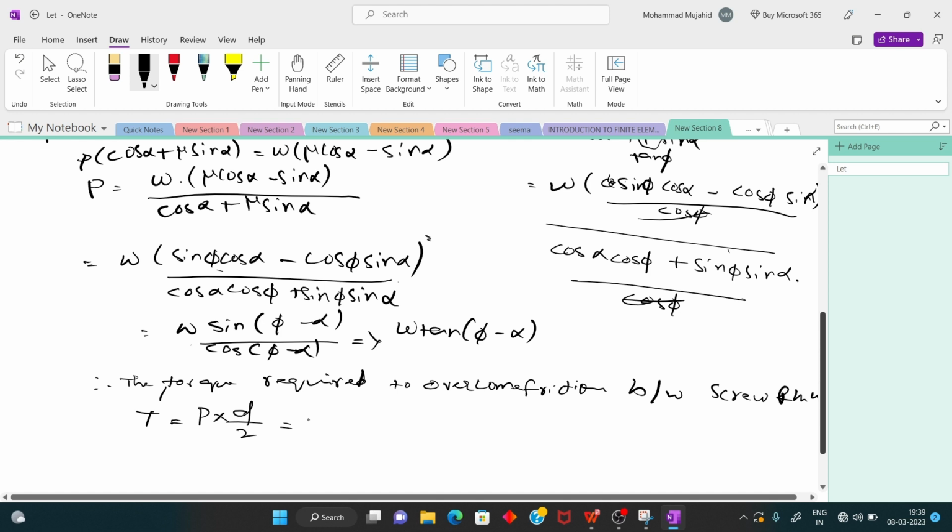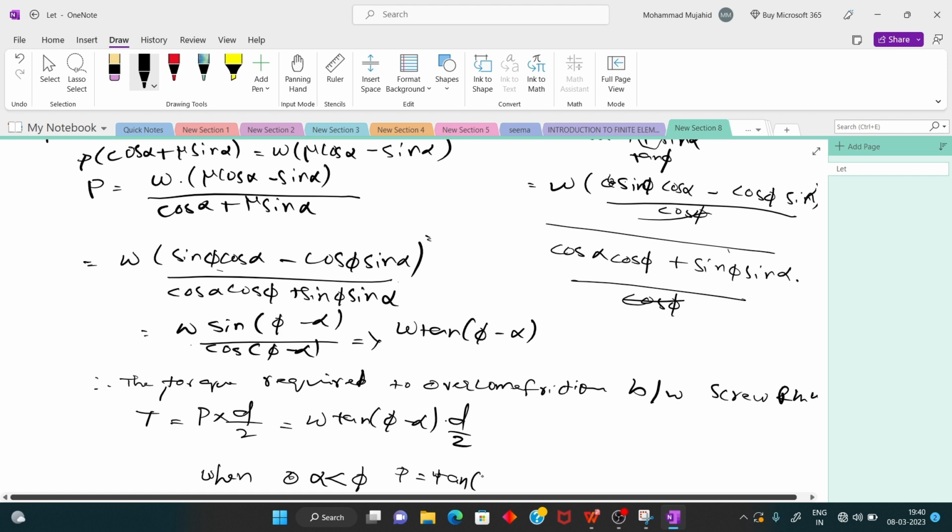From this, we get T as W into tan of phi minus alpha into d by 2. Where the condition is that if the helix angle alpha is less than phi, then P equals W tan of alpha minus phi. So this is all.